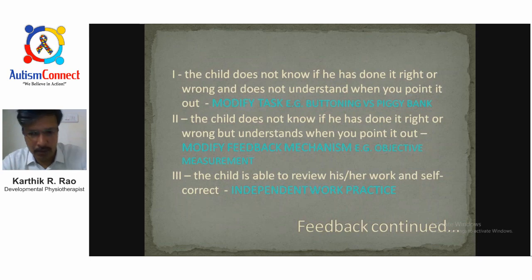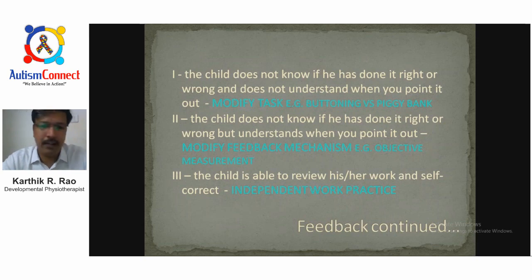If he's not able to touch it, you can probably put small hyphens in a different color on those two lines and then ask him to see if the S that he has written touches those red colored lines on the top and the bottom. So try to make it much more objective.